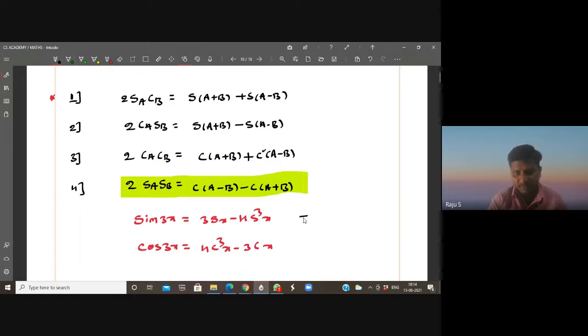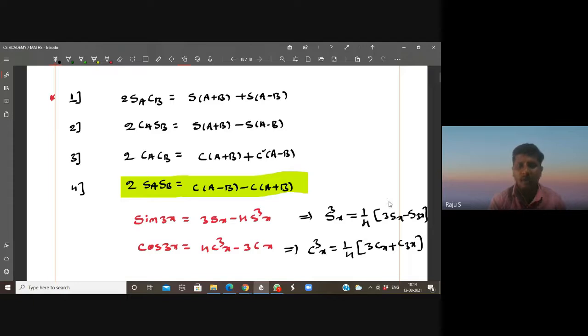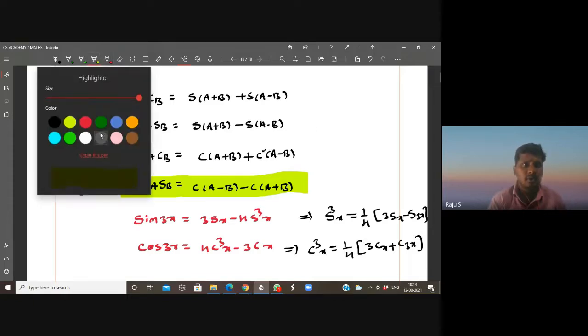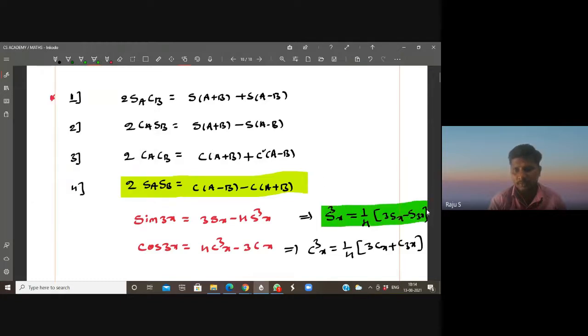With the help of this, what is sin cube x, students? Anyone? Sin cube x is equal to 1 by 4 times of 3 sin x minus sin 3x. That's it. With the help of this, cos cube x is 1 by 4 times of 3 cos x plus cos 3x. Right, students?